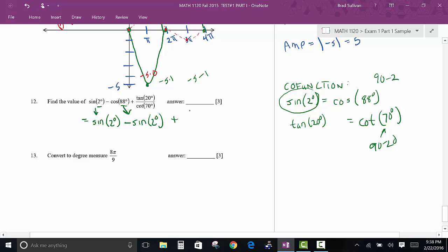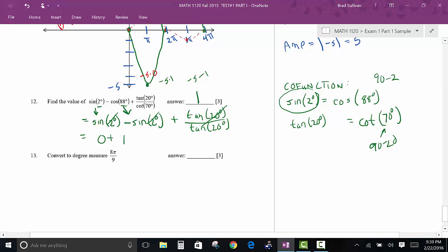Then this part of the problem, I'm going to leave the tangent alone, and I'm going to change the cotangent. The cotangent of 70 is the same as the tangent of 20 degrees. Okay, so that's how you get that worked out. Now what you would have is, of course, that would go to 0. This would, of course, be 1. So you have 0 plus 1 is 1. So the answer is 1.